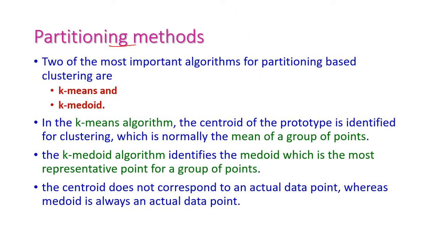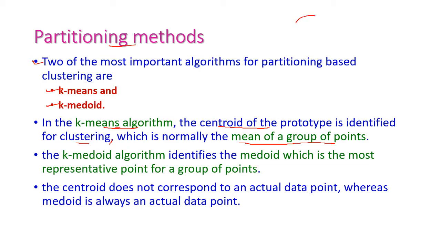First, let us see the partitioning method. There are two important algorithms in the partitioning method. The first one is the k-means algorithm and the second one is the k-medoids algorithm. In k-means, the centroid or prototype is identified for clustering, and the centroid is nothing but the mean of the group of points.